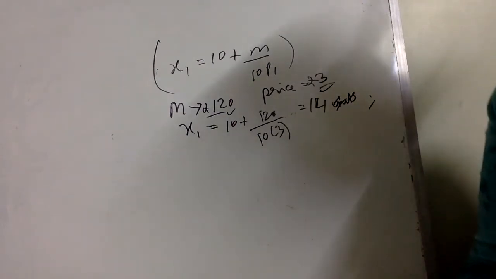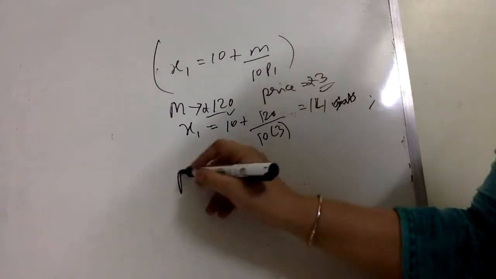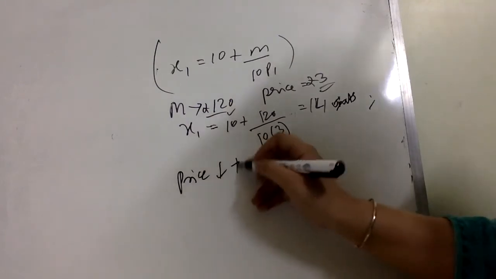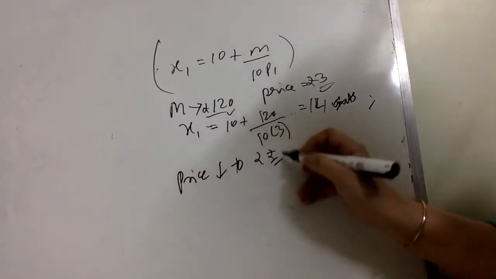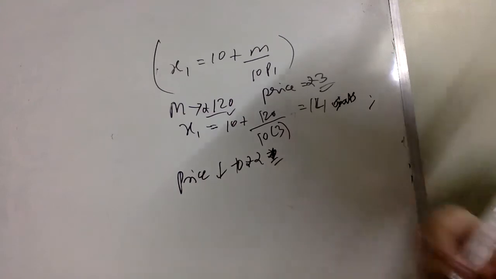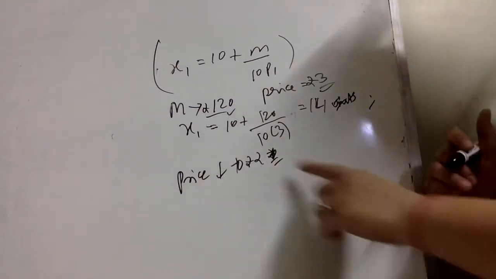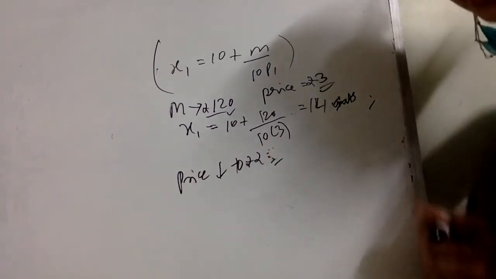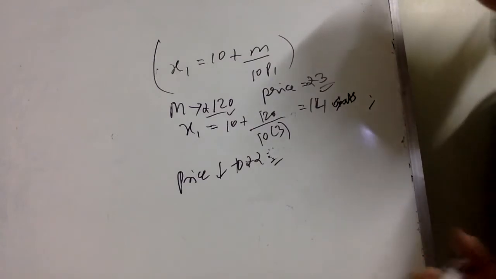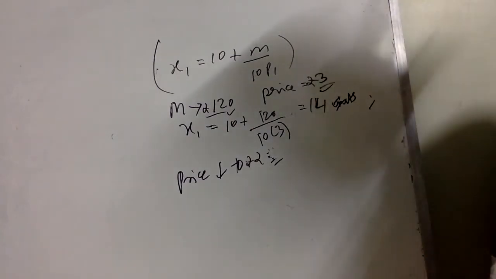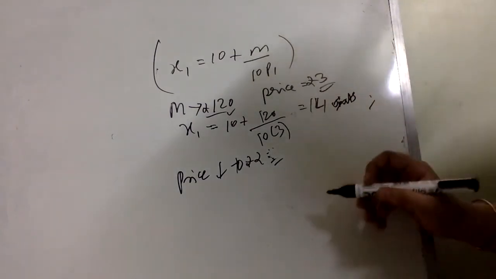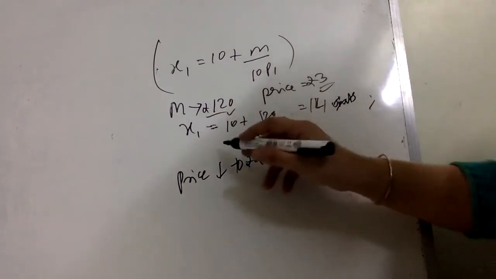Now suppose the price of the good falls to 2 rupees. So now we're going to understand how the demand and income change here. Given that the price has fallen, can you compute the new x1?